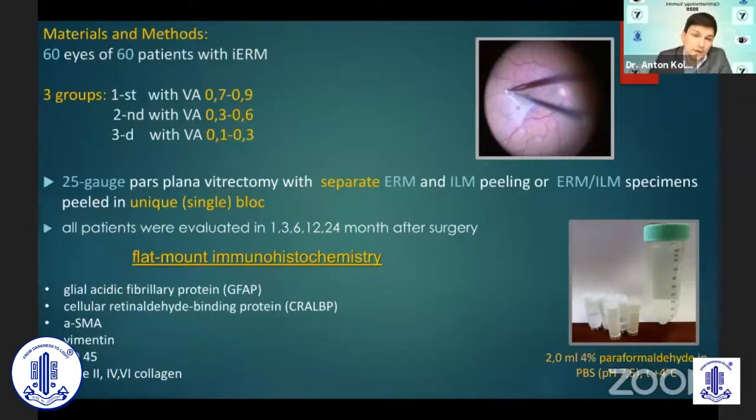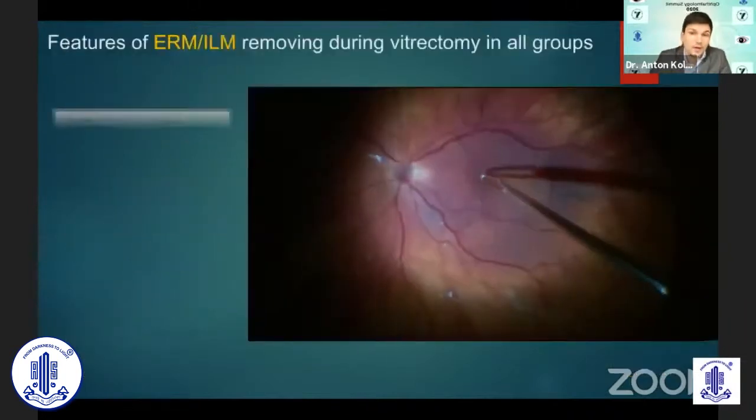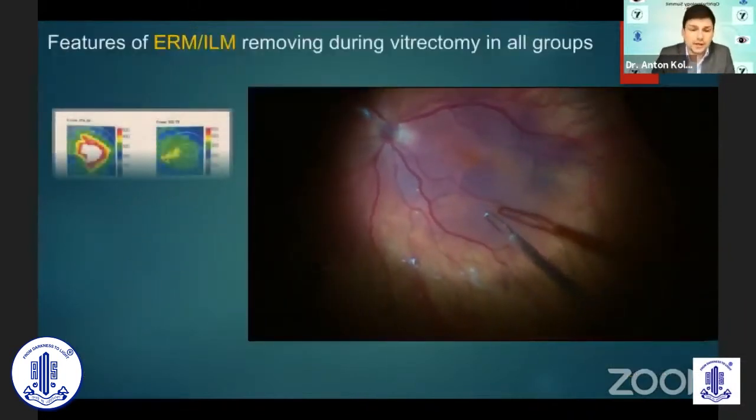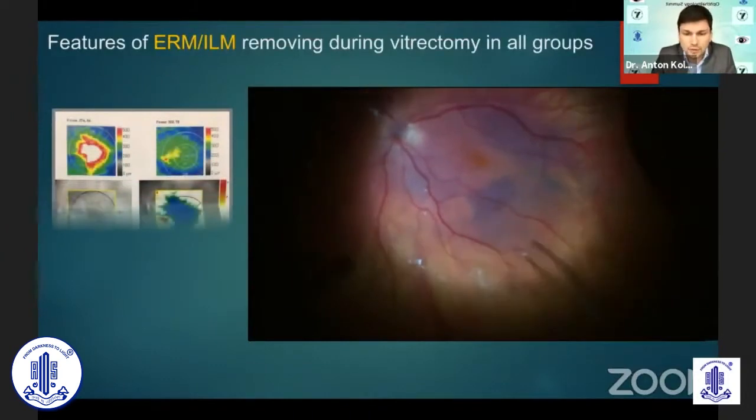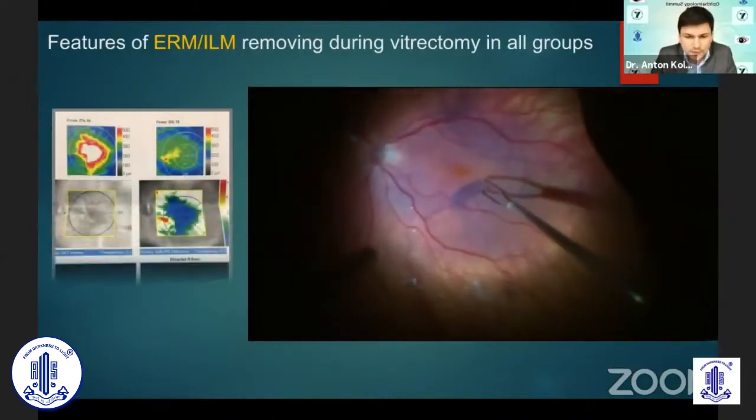This is a marker of cell activation. Also vimentin, CD45, cells expressing alpha-SM actin, that is a myofibroblast marker, and types of collagens. We want to demonstrate ERM-ILM removal in different groups.